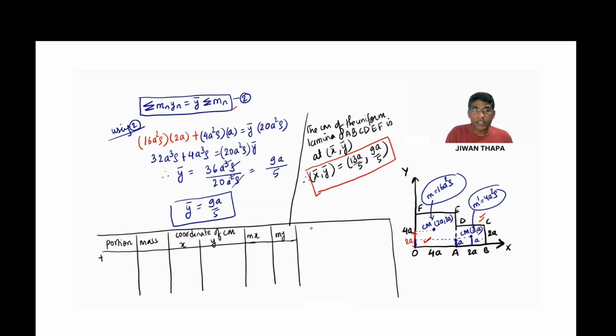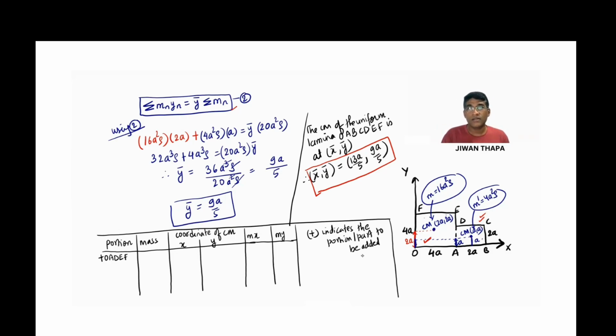So we have lamina O, A, D, E, F. O, A, D, E, F plus indicates the portion or part to be added, okay.